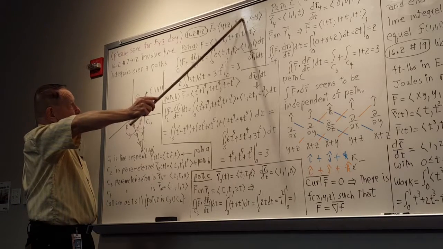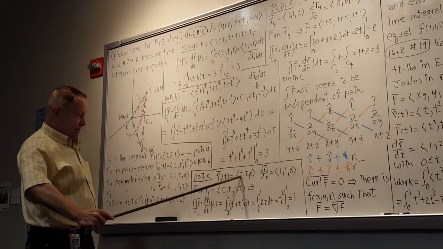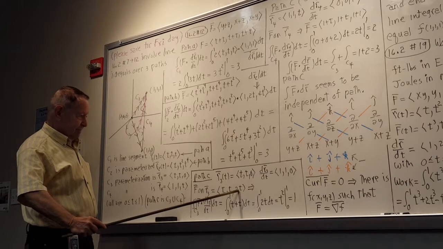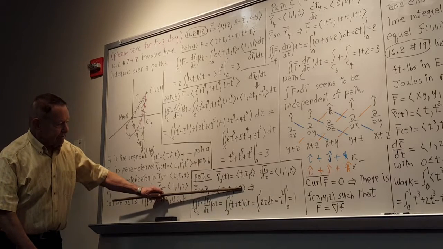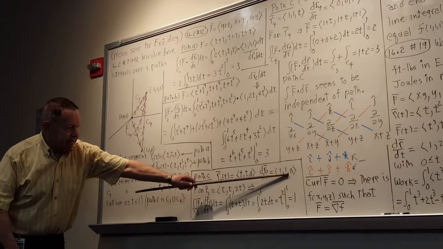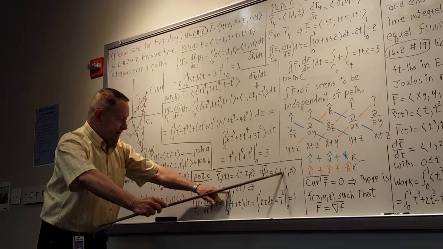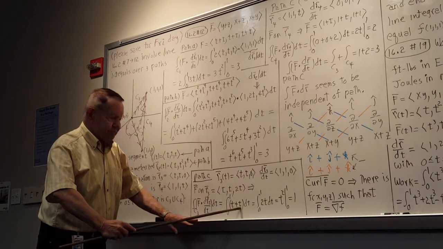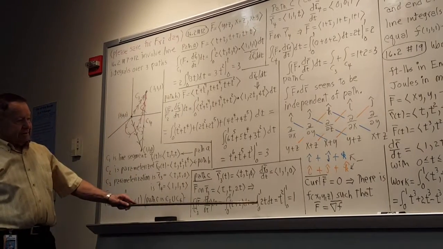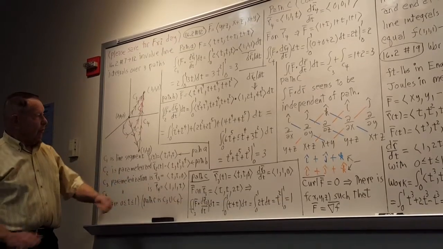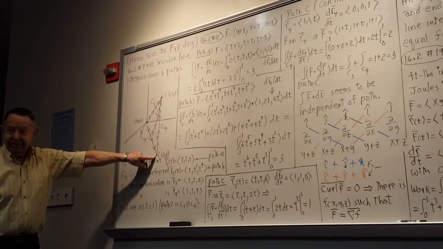You have t plus 0 again, which is just t. And then x plus y, each of them is a t, so you have 2t. So then you do the dot product of this vector with the dr3, and you see when you do the dot product, you get t plus t, or 2t. And then you integrate that, which will give you t squared and give you 1. Now that's the work, if you want to say it that way, going from here to here.